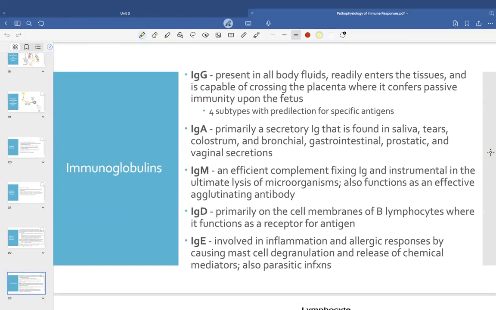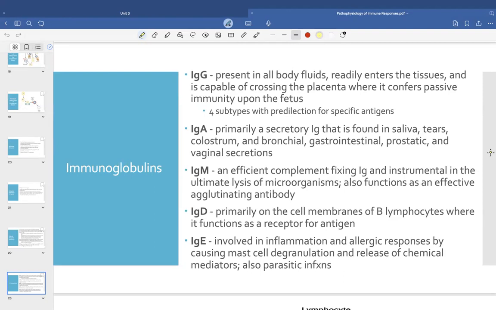It doesn't matter to me that you know all of them, but again, there are subtypes. IgA is mostly in your mucous membranes, so you're going to see it in saliva, in tears, in your respiratory tract, your GI tract, your GU tract. If you just remember anything that has a mucus layer or your mucous membranes, you're going to be good with IgA.